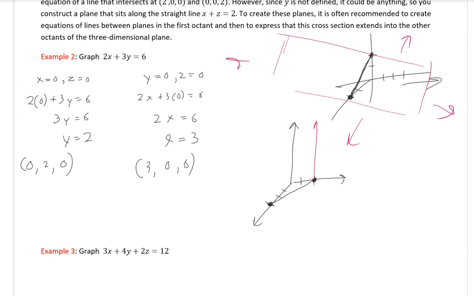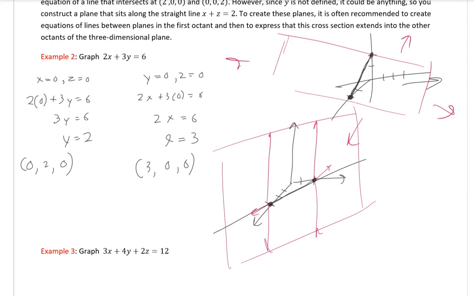So up this direction, down this direction, and technically out as well. This is what I'm creating, a sheet of paper, or a plane sheet like this that goes through this value. That's part of it. So that'd be a graph of 2x plus 3y equals 6 on the three-dimensional plane.